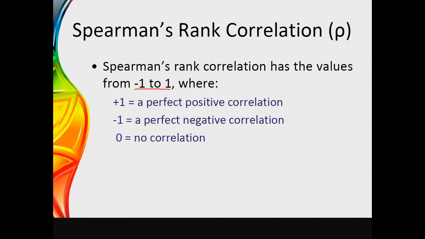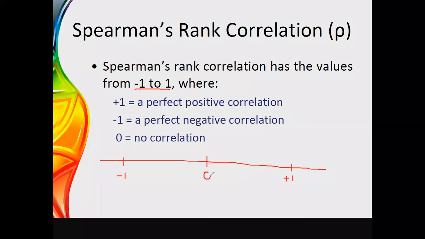Therefore, in general, if it is going from -1 to +1, according to the value and the sign of the obtained value, we can identify whether it is a positive relationship or a negative relationship. And if you are going from -1 to +1, in between you can identify the value 0.